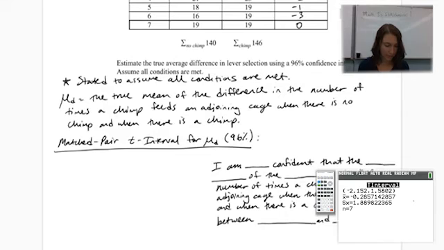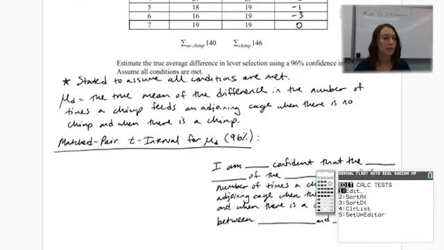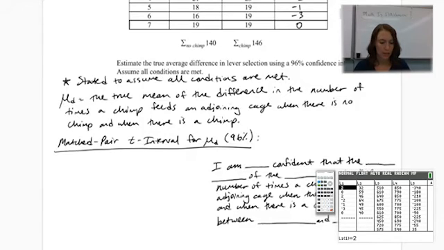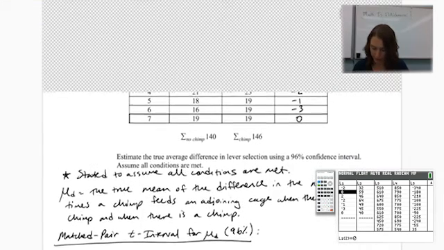Sorry, my information does not match what's on my notes. I need to check my numbers. That's why this first one needs to be a -2. I wrote it down here wrong.